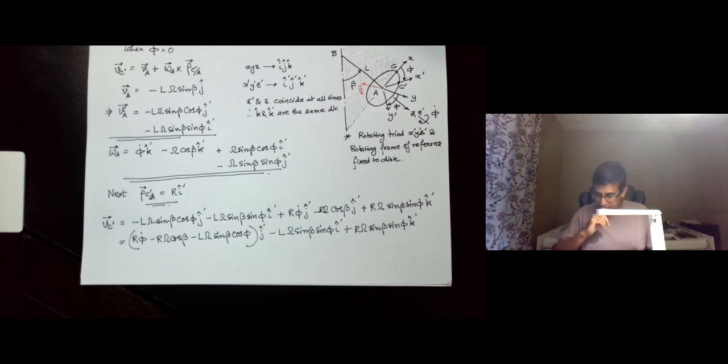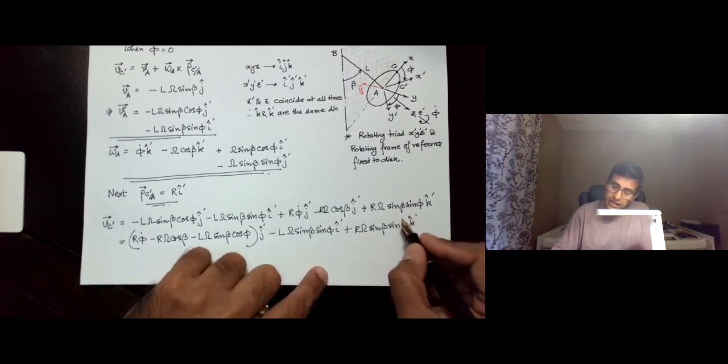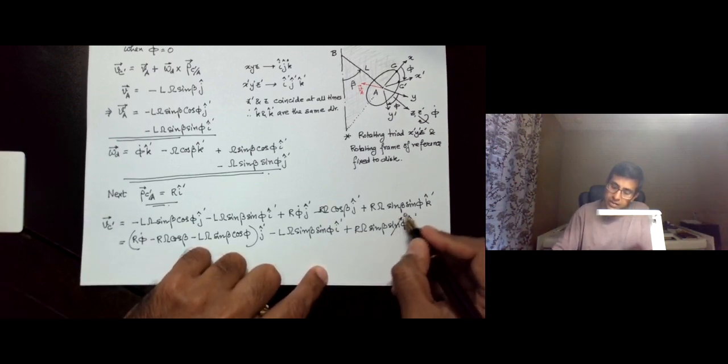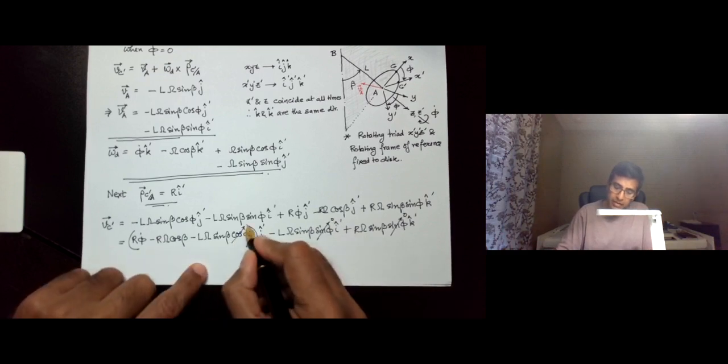as the disk turns. We are interested in finding out what happens at phi equals 0, because we know that when phi is equal to 0, Vc is equal to 0. So we set phi equal to 0, which means that this will be 0, this will be 0, and this will be 1.